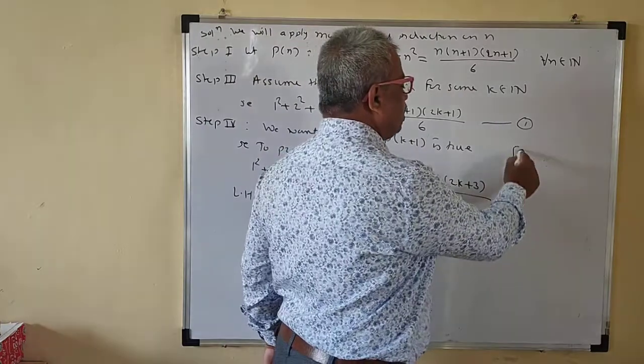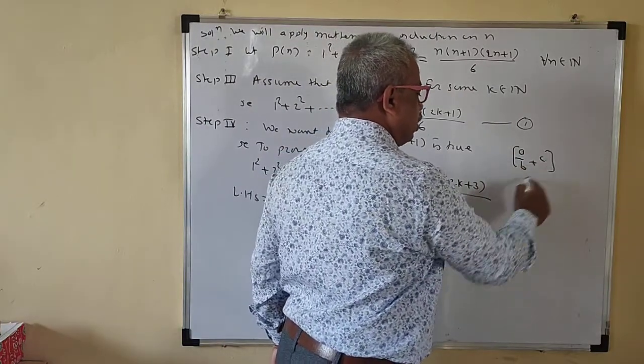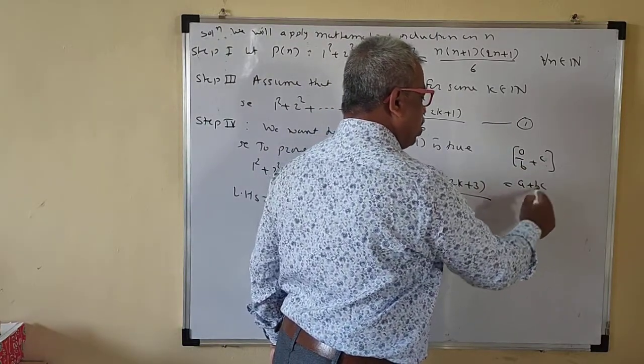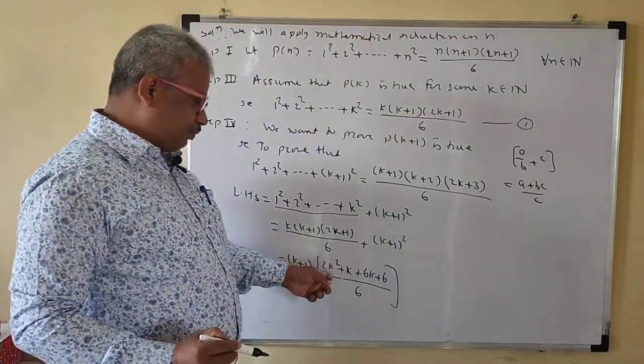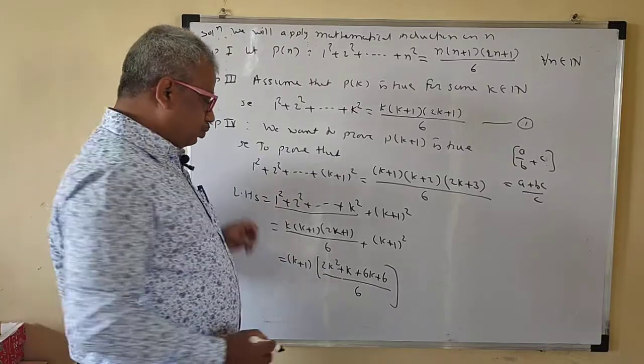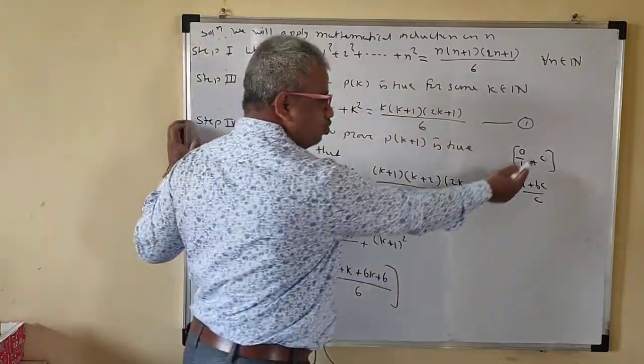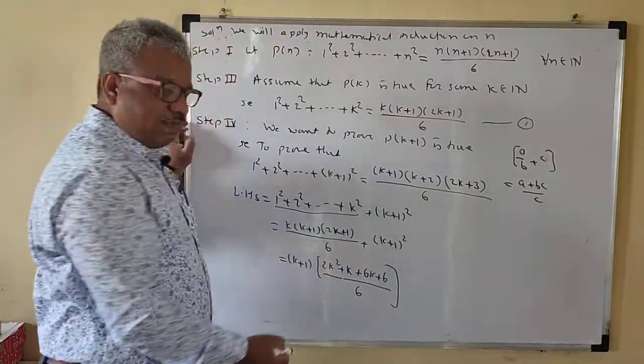That means if this is of the form a upon c, then what we have to do, a plus bc upon c. Right? A plus bc upon c. Just I have done this. I multiply by this 6 to that c. Your c is k plus 1.